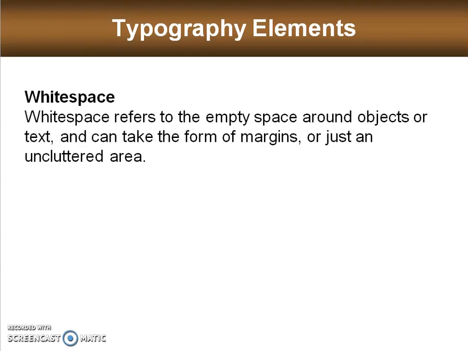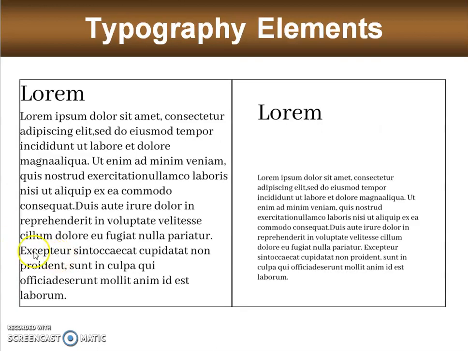White space refers to the empty space around objects or text and can take the form of margins or just an uncluttered area. It creates a pleasant visual experience and can even draw attention to the text. In the first box, the text is crammed against the bounding box, making it hard to read.